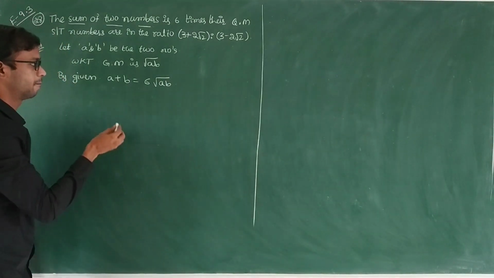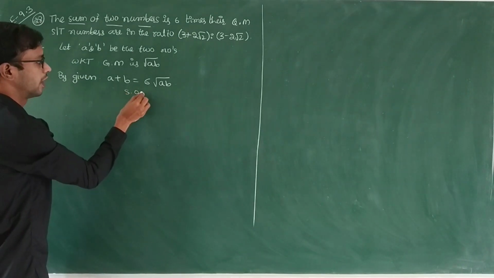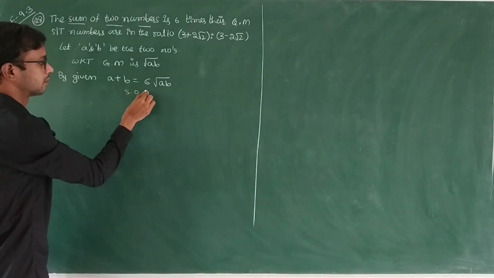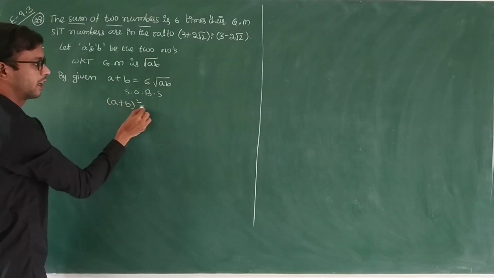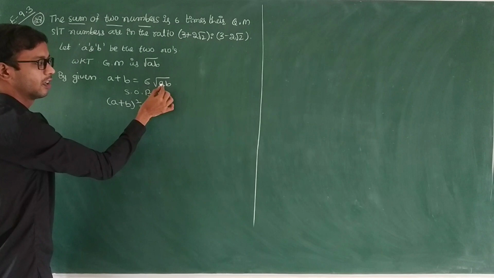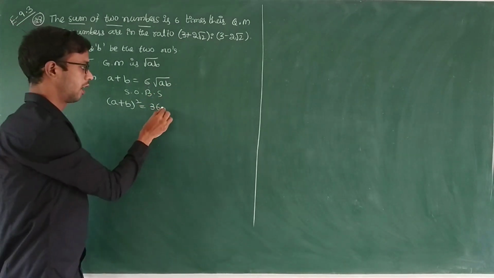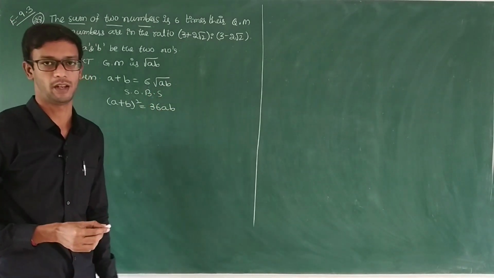Squaring on both sides, (a plus b) whole square is equal to 36 times ab.